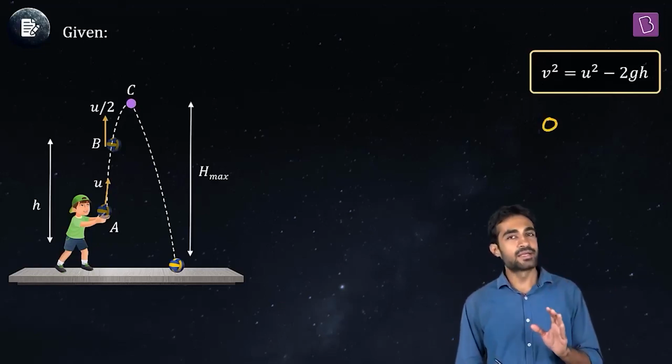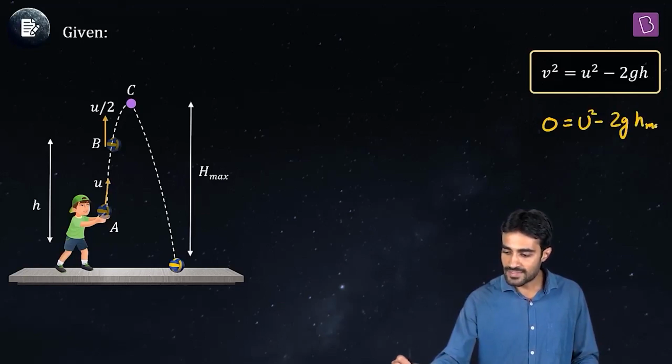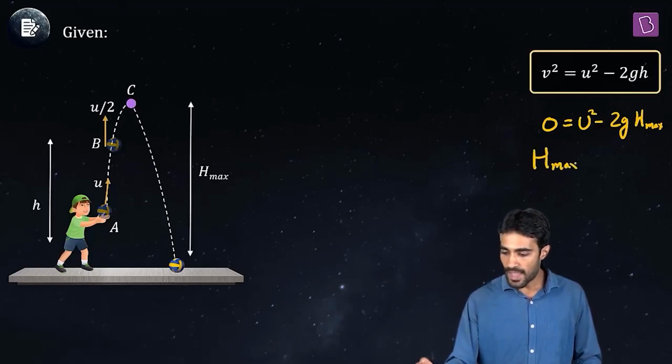At maximum height, the velocity of the ball in the vertical direction is 0. So we get 0 equals u square minus 2g h max. And now we get the value of h max, and it comes out to be u square divided by 2g.